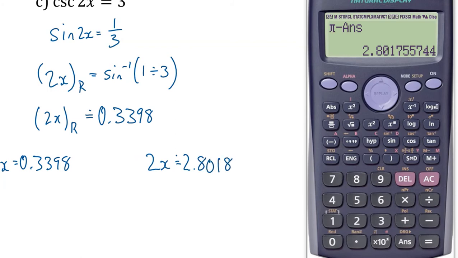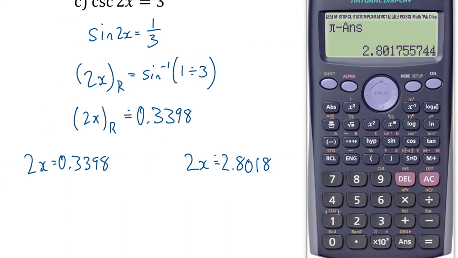I don't really want to flip back and forth between these two, though, because the calculator work is kind of messy. So I think it makes more sense to go all the way down this side first and then go back to the start and go all the way down that side. Do you know what I mean, with your calculator? So now that I'm on this side, I'm going to take that answer and divide it by 2. The last one we could do kind of in our head because it was fractions, radians.